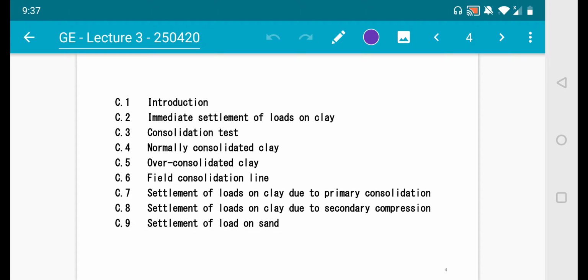You have been briefed before that this lecture number 3 consists of 2 parts. C1 to C5 is part 1, whereas C6 to C9 is part number 2.